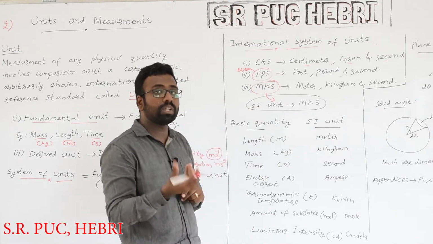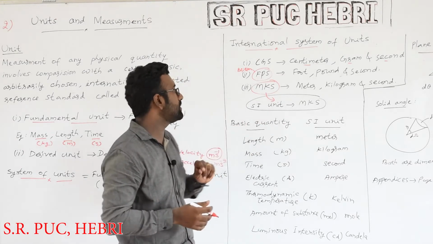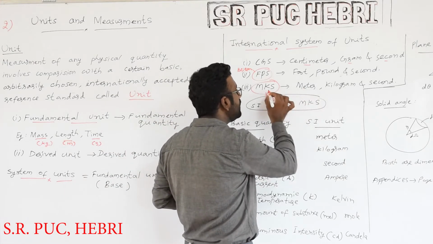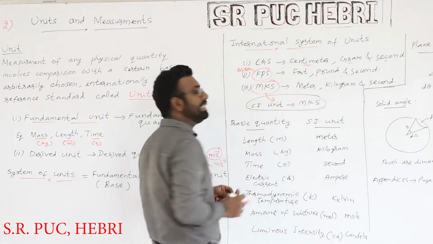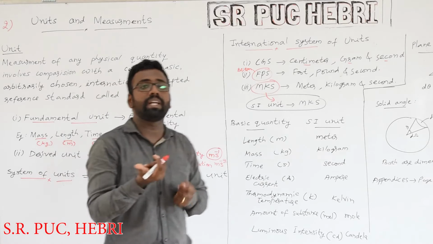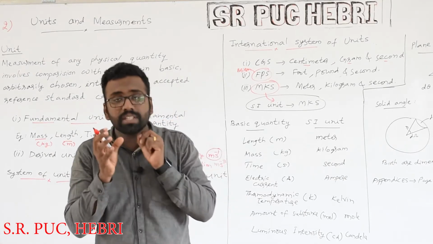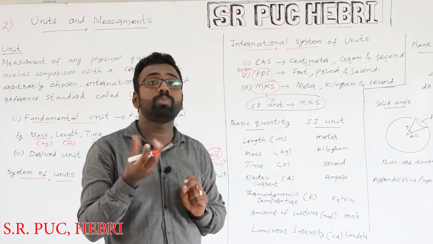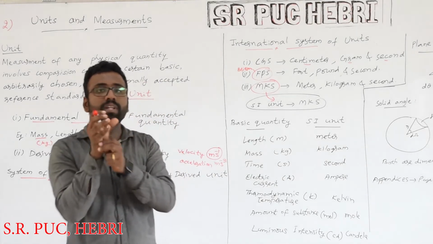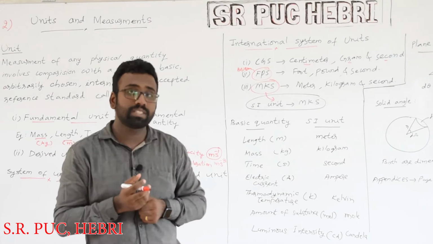The system we are usually referring to is the MKS system. The MKS system deals with M for meter, K for kilogram, S for second. The internationally accepted units are known as SI units. The abbreviation SI unit is for internationally accepted unit.